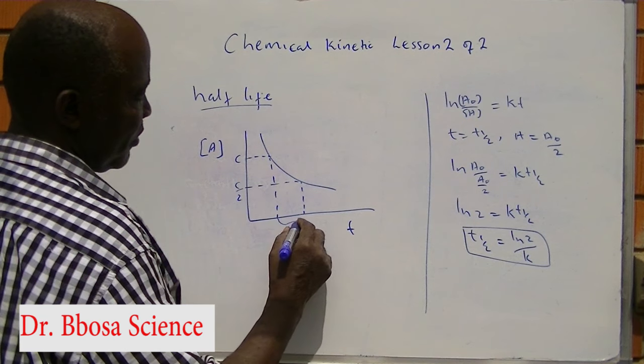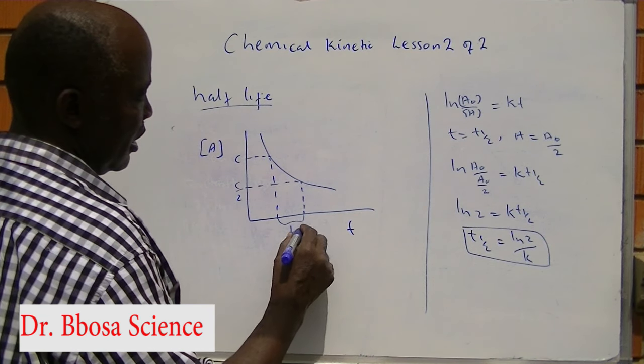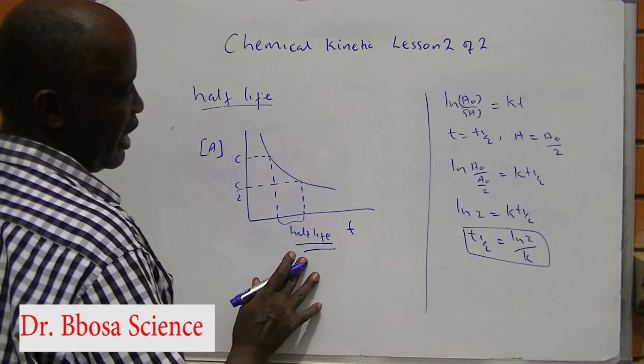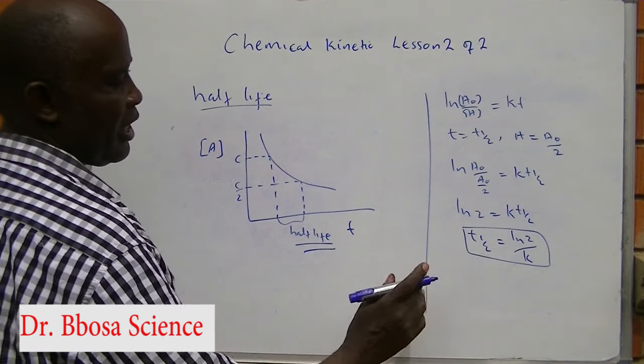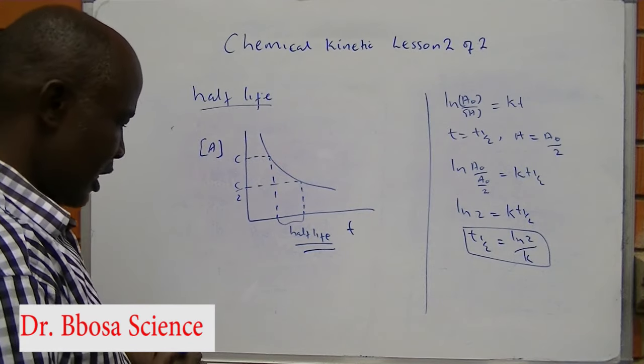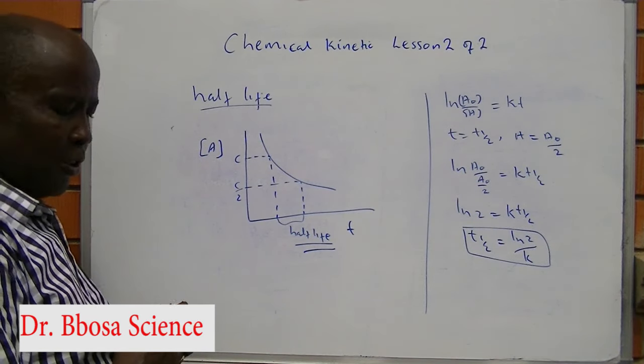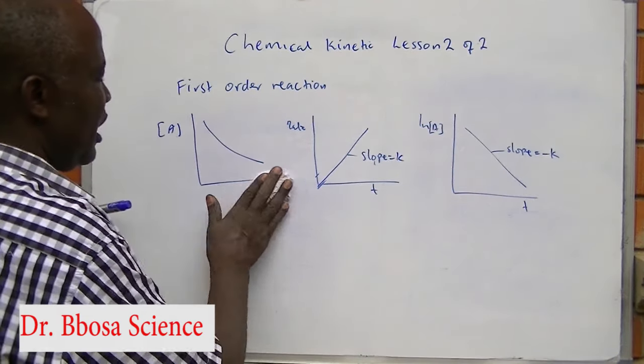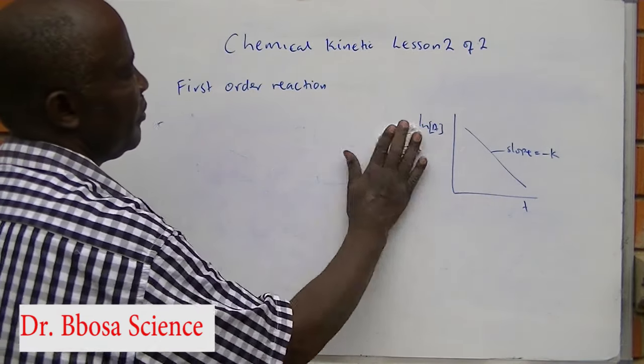So the time here is the half-life. But you have said that if we have got the half-life, we can get the rate constant k for the reaction. The following examples will illustrate the first order reaction.